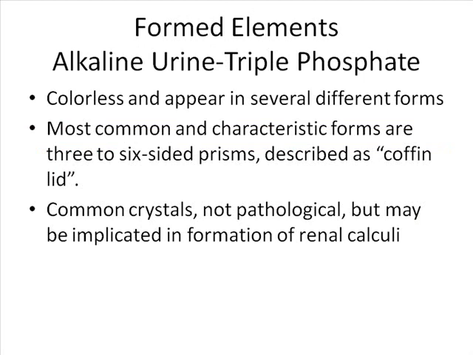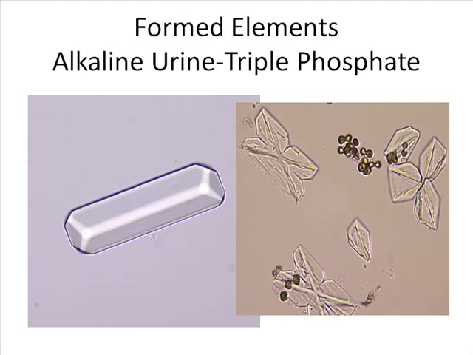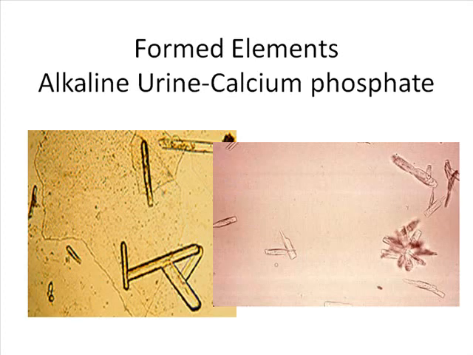So if you see your urine is alkaline, you're going to see these little coffin lids. That definitely goes along with triple phosphate. Here are some examples. Here's the normal coffin lid of triple phosphate. These are some other forms of triple phosphate. I have seen these. You can see these. They almost look like a butterfly with an X, but it is also triple phosphate.